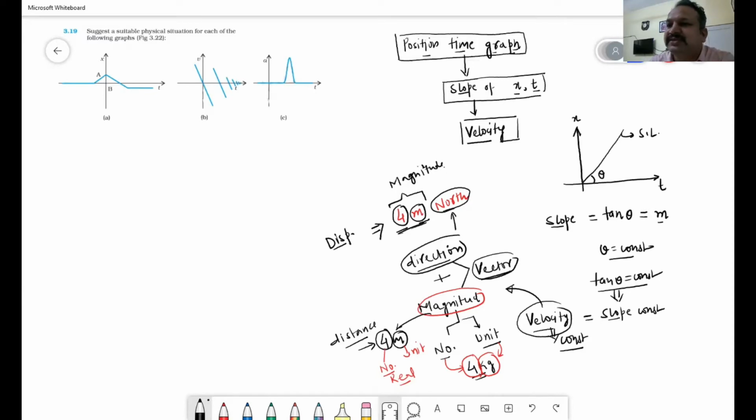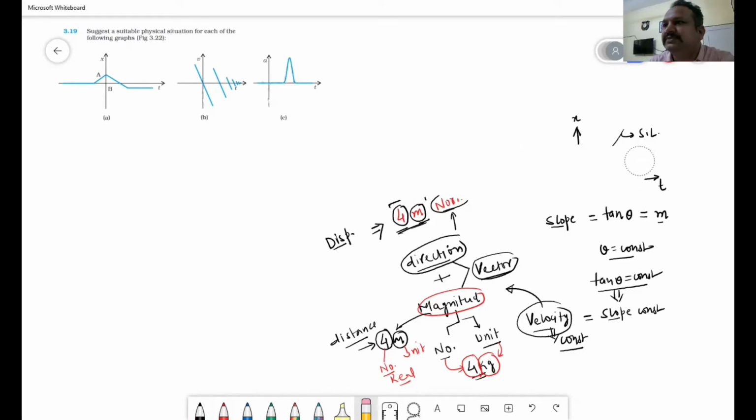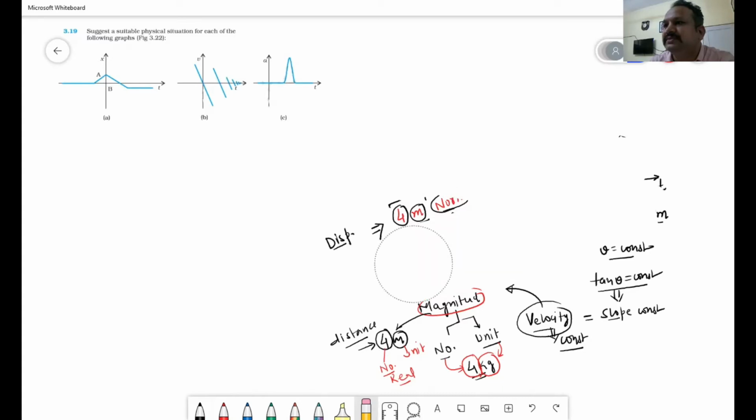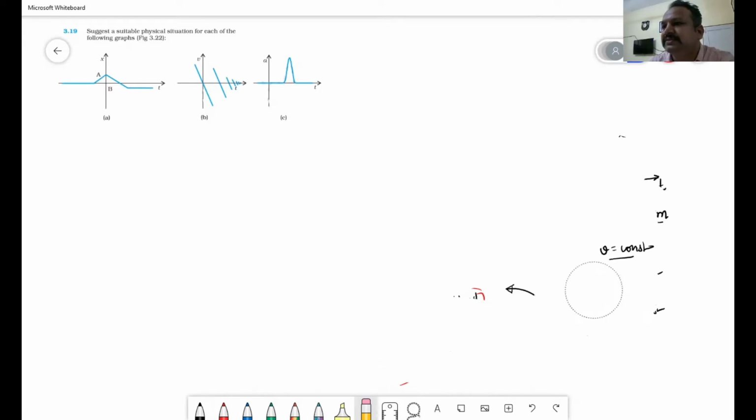Now come to the next point. Suppose we have a velocity time graph.